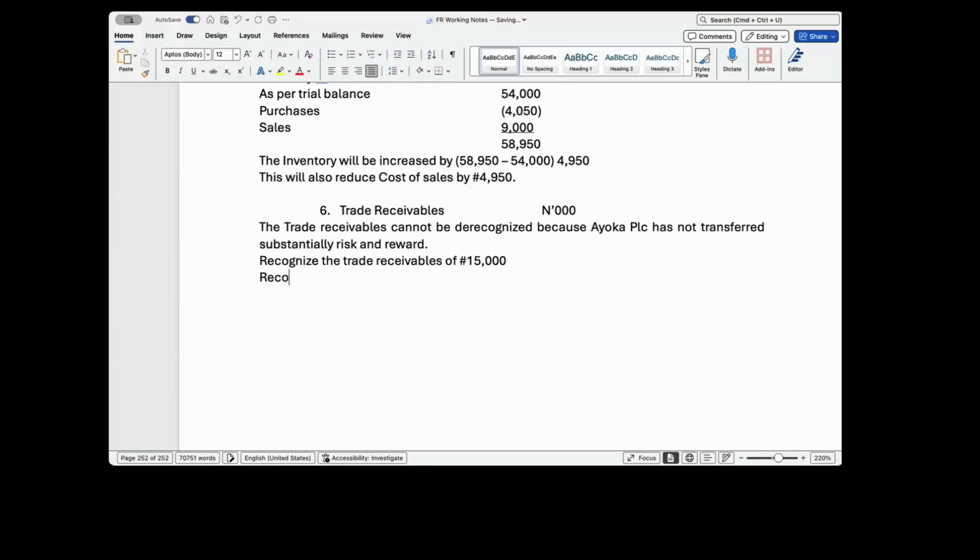Number two, we are going to recognize the amount received as a loan, the 13.05 million, and also we're going to remove the admin charge of I think 1.95 million. Remove it from the administrative expense. And that's what we're going to be doing here.